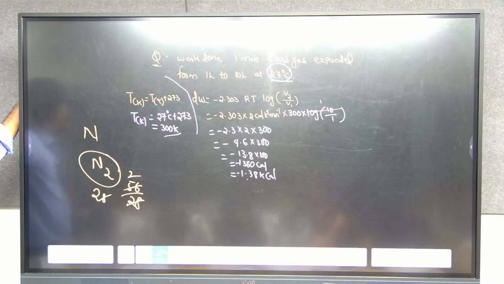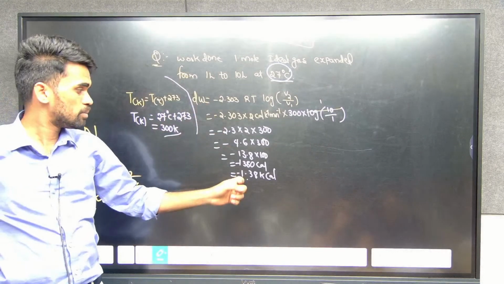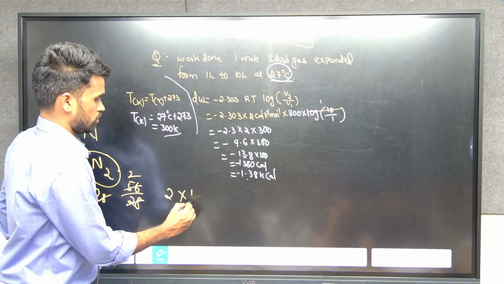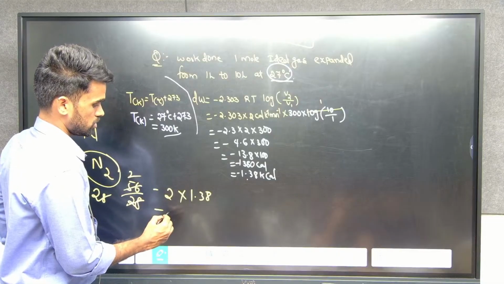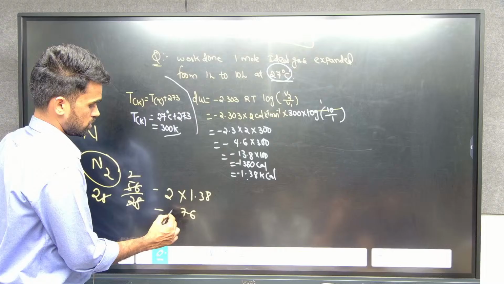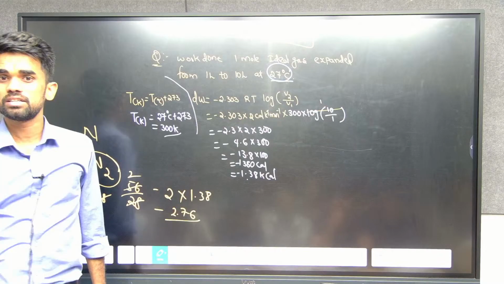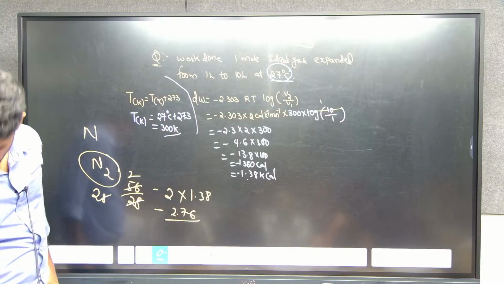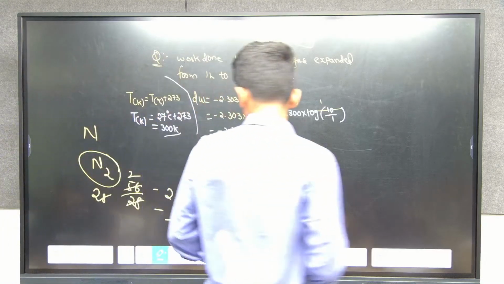So final answer will be this one into 2. What is your answer? 2 into 1.38, 2.76 is your answer.